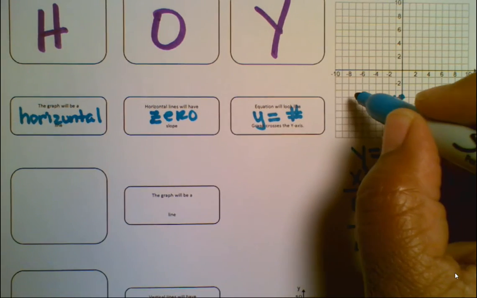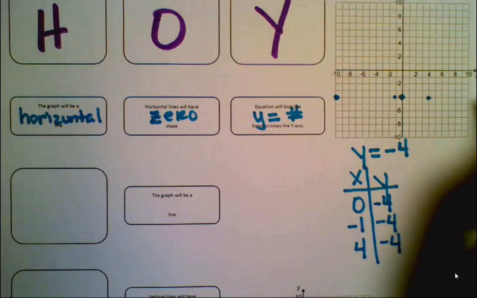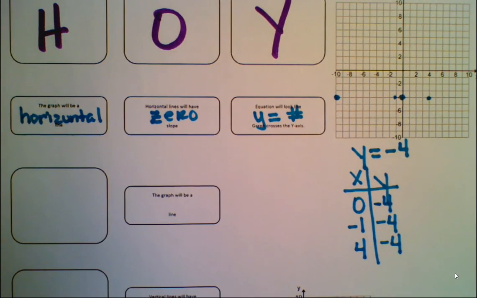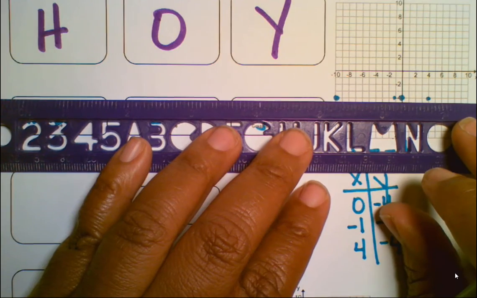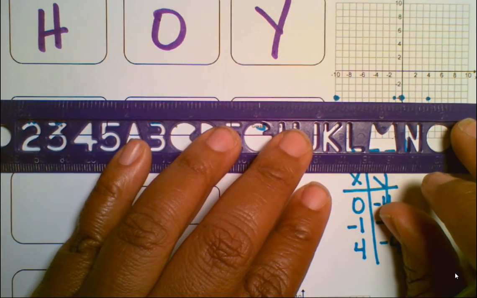If we want to say -10, -4, but look at the shape of the line. It's becoming a horizontal line.